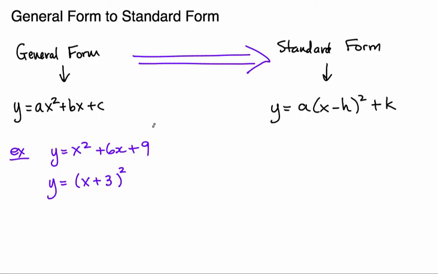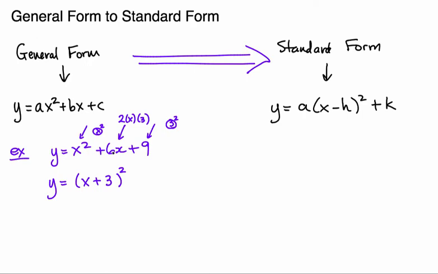And the reason is that this last number is a perfect square, the first number is a perfect square, that's 3 squared, that's x squared, and the middle number is double the x from here and the 3 from here. So that's that 6x.